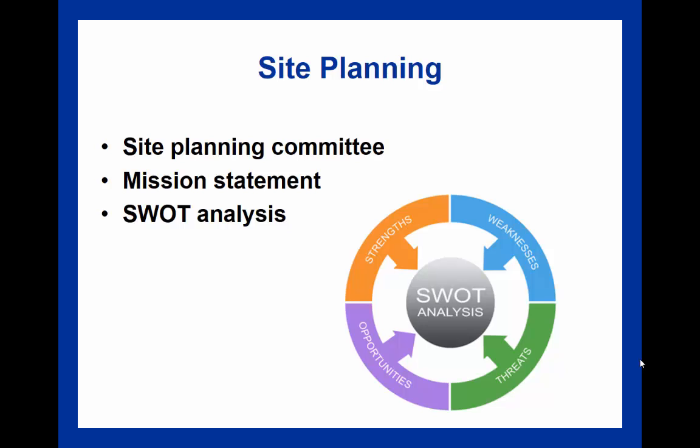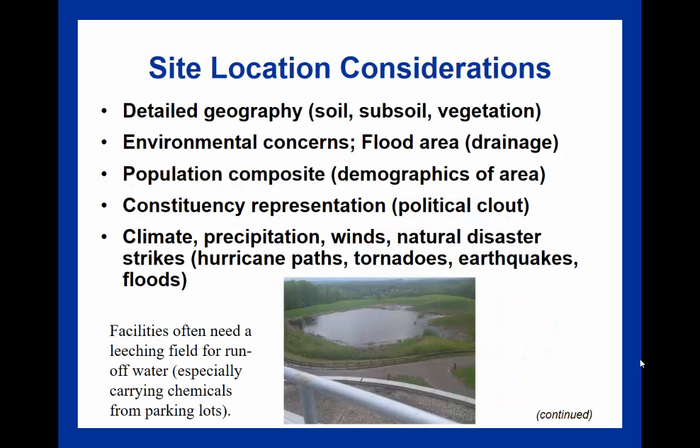Or does the area actually need extensive infrastructure repair? Opportunities could be that this is an underserved community in terms of your sport or the recreation opportunity. And the threat on the converse side could be that there are potential competitors nearby. So those are some aspects that might go into a SWOT analysis.